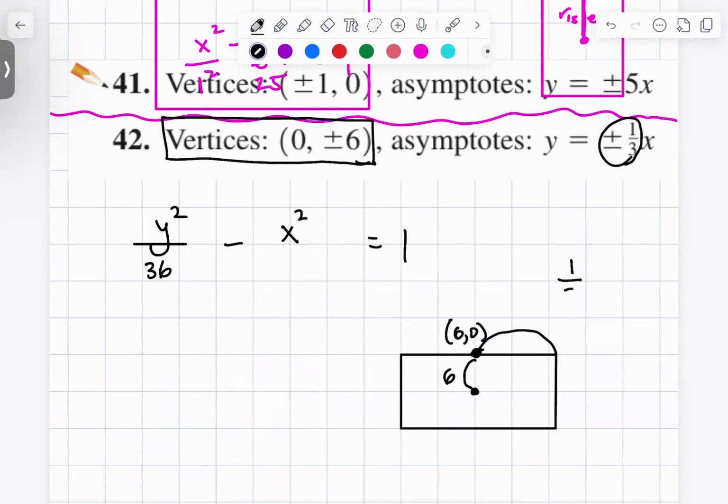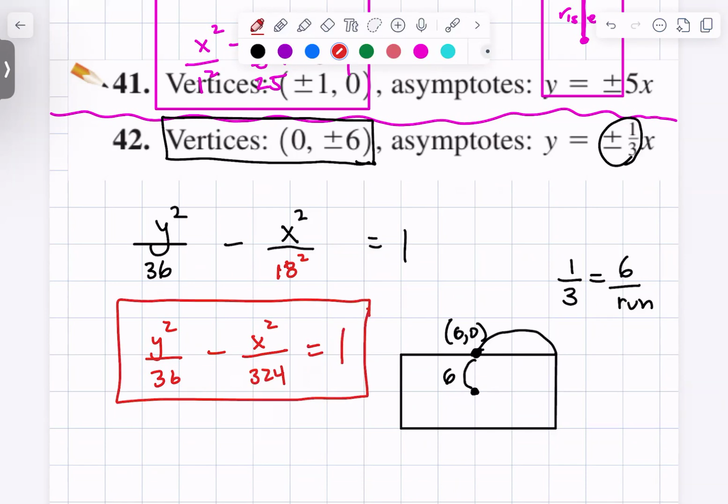So 1/3 equals 6 over my run, which is 18. So this number would be 18 squared. That make sense? So it's y squared over 36 minus x squared over 324 equals 1. Does that make sense, class? Okay. That is the lesson for today. Thank you very much.